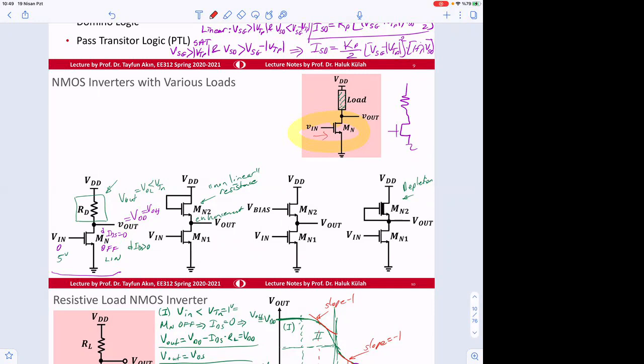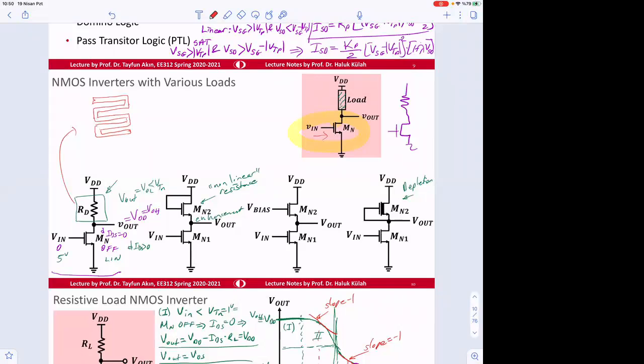So here the load can be a resistive load, but we said that making the resistor in the CMOS is very area consuming, because you need to make a resistor. Since this resistor is going to be large, you cannot really do this like a long metal line. So a resistor is going to be made like this, between here and here.